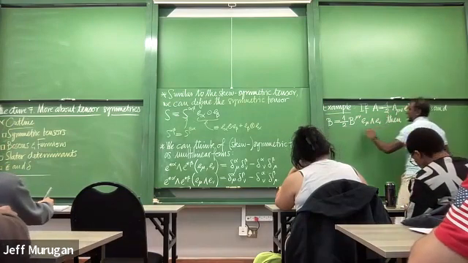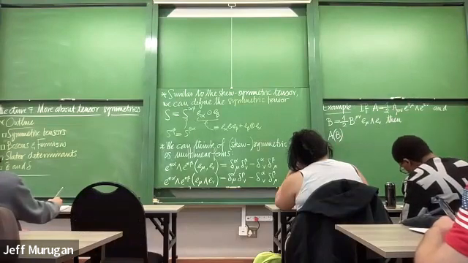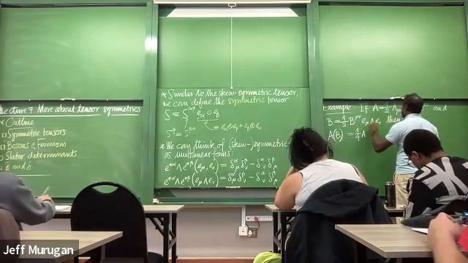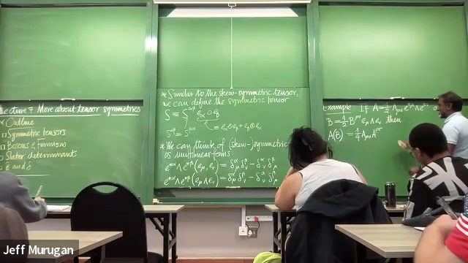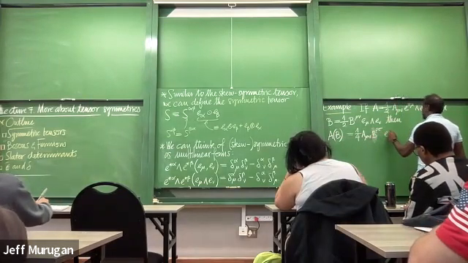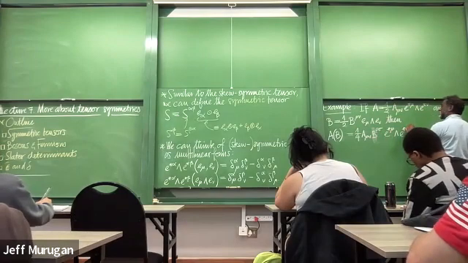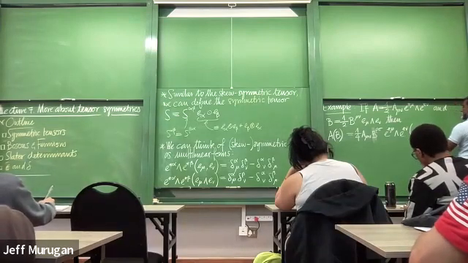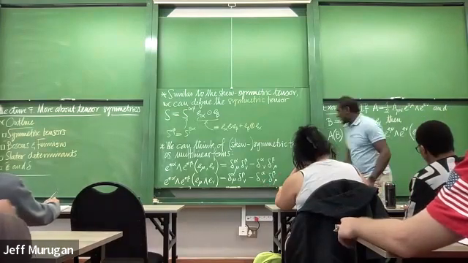then I can evaluate using those relations what, for example, A does to B, the action of A on B. And this would be a quarter A mu, B rho sigma, E star mu wedge E star mu acting on E rho wedge E sigma. We already know what the action of that is.